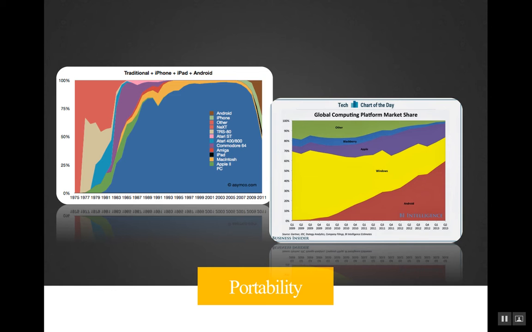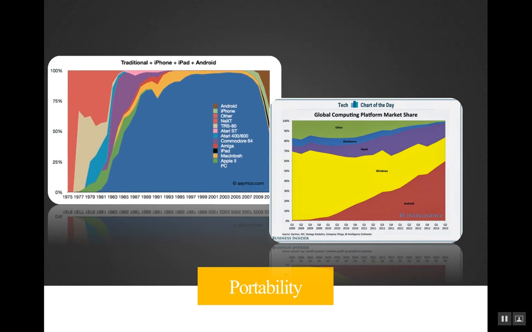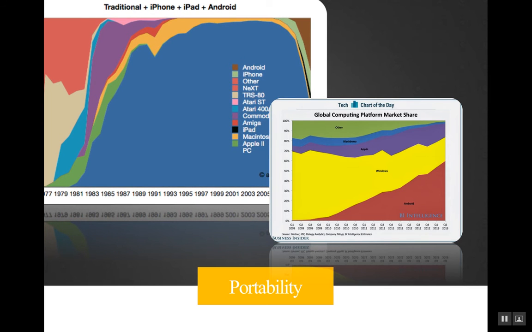So here are a couple of charts of interest. This is our first model. It gives you a visualization of the relative deployment or utilization of different types of IT infrastructure.